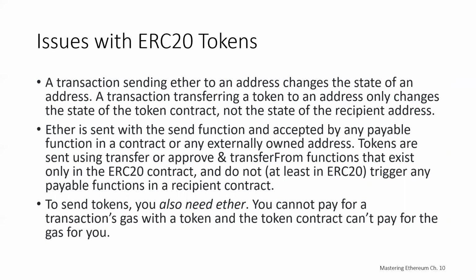If you try and transfer ETH to a contract that's not expecting it, that ETH will still go to the contract, and you can eventually get it back from the contract, assuming there's a function that enables you to get it back. But if there's no contract there, then obviously the ETH is going to be lost. And if you send tokens to a contract that's not expecting them, which most contracts are not going to be expecting tokens, then those tokens are going to be lost.